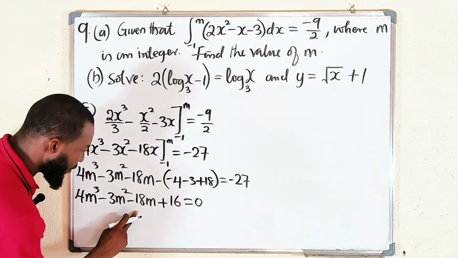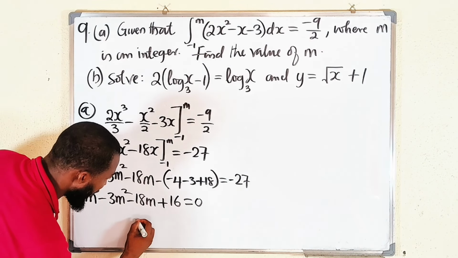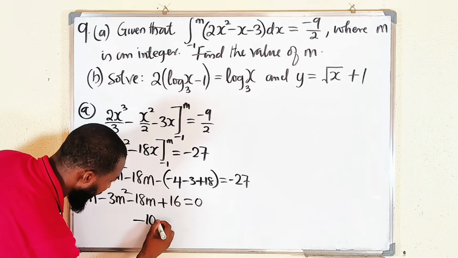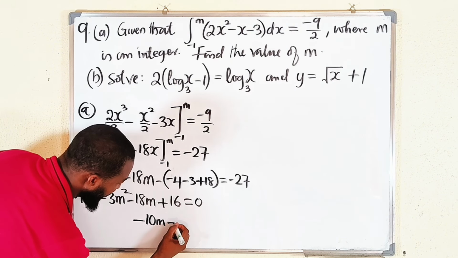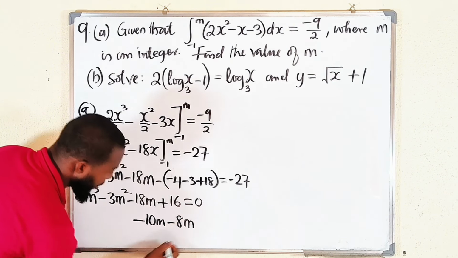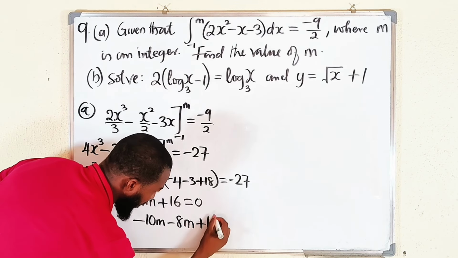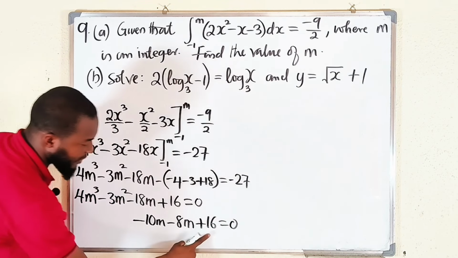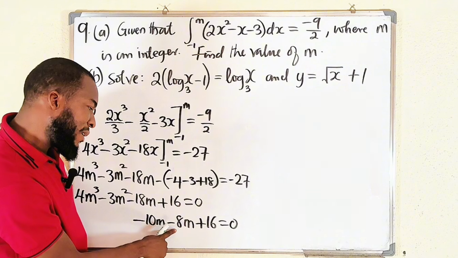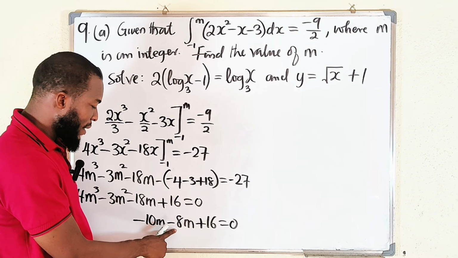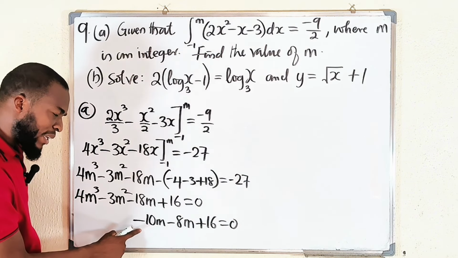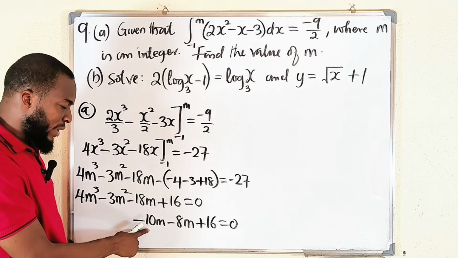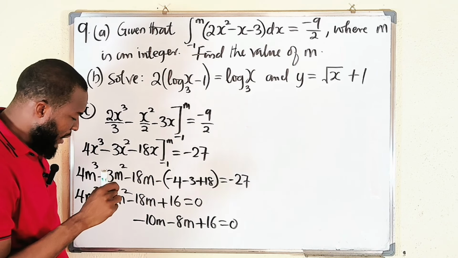So let me start with this one. Let us split it into -10m and -8m. Then we still have 16 here. So that 16 divided by -8 will give us -2. So -10 divided by what will give us that -2?